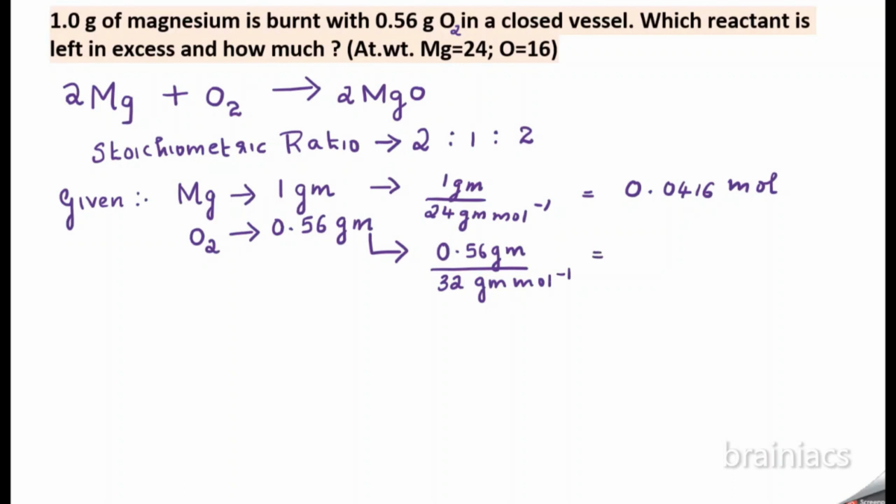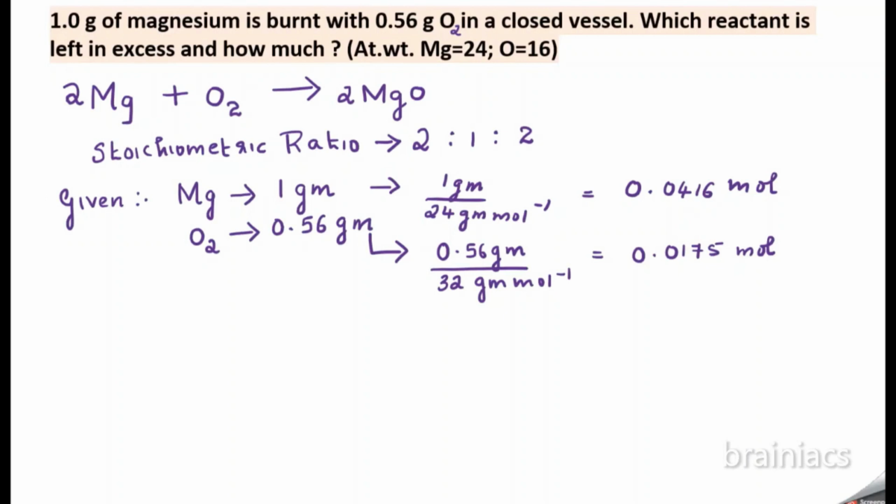So if you divide this, you will get a value 0.0175 mole. Now this is what is given to you for this reaction to happen, that is 0.0416 mole of magnesium and 0.0175 mole of oxygen.